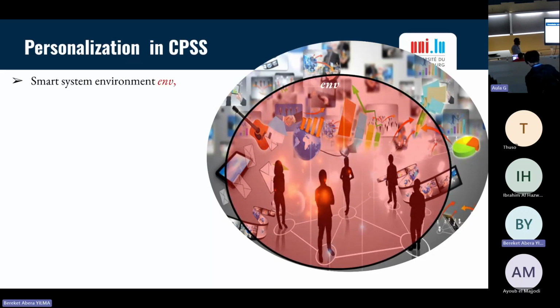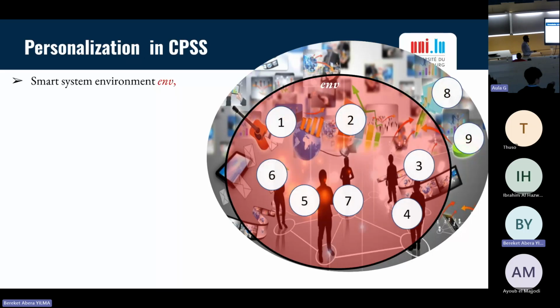And this is kind of a subsystem of the big cyber physical social system, where inside we have these circles denoting entities. It could be a user, it could be a device, it could be anything that has interaction capability. So users, devices, they are all systems within this system of systems.